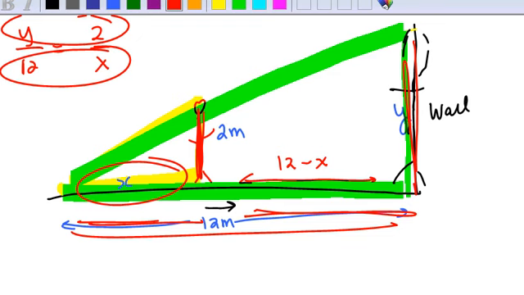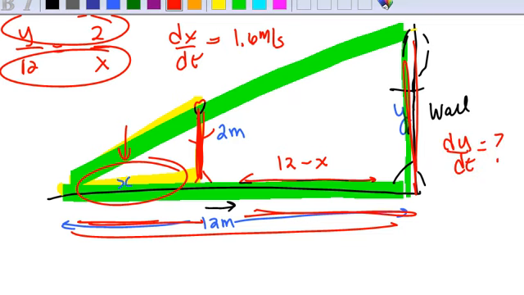So here I've got my relationship, and I am going to have to take the derivative of this. But before I do that, I want to interpret the information I've been given in terms of calculus notation. I'm told what speed the man is moving at, which means this variable is changing, dx by dt, at a rate of 1.6 meters per second.